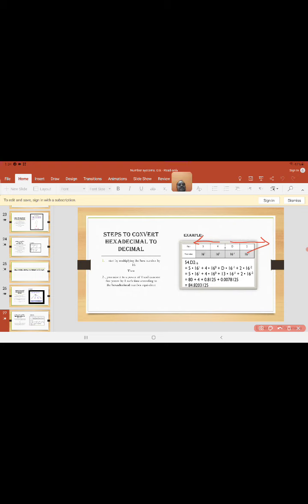We have to write the powers, the positional values, the place values for each digit. For the 4 we write 16 power 0, and for the next digit 16 power 1. For the fractional part we write 16 power minus 1 and 16 power minus 2. After writing these values, each digit is multiplied and added.